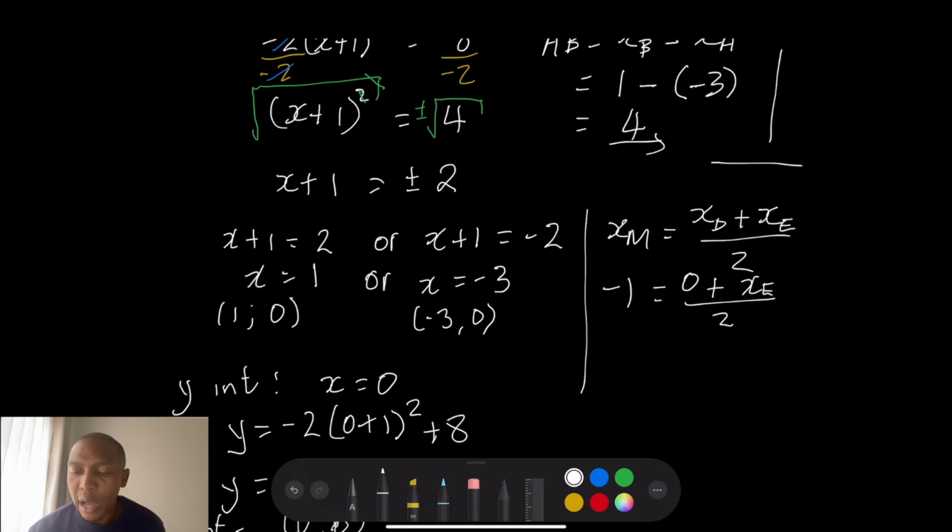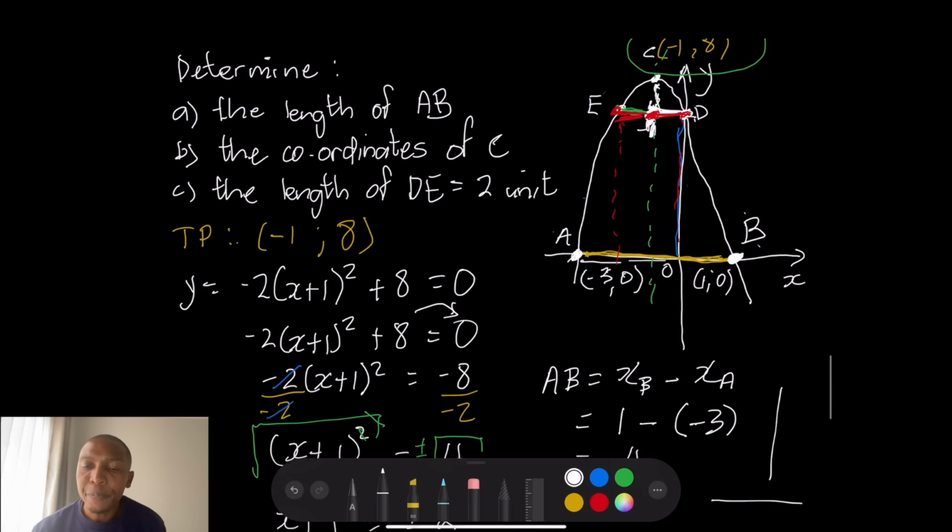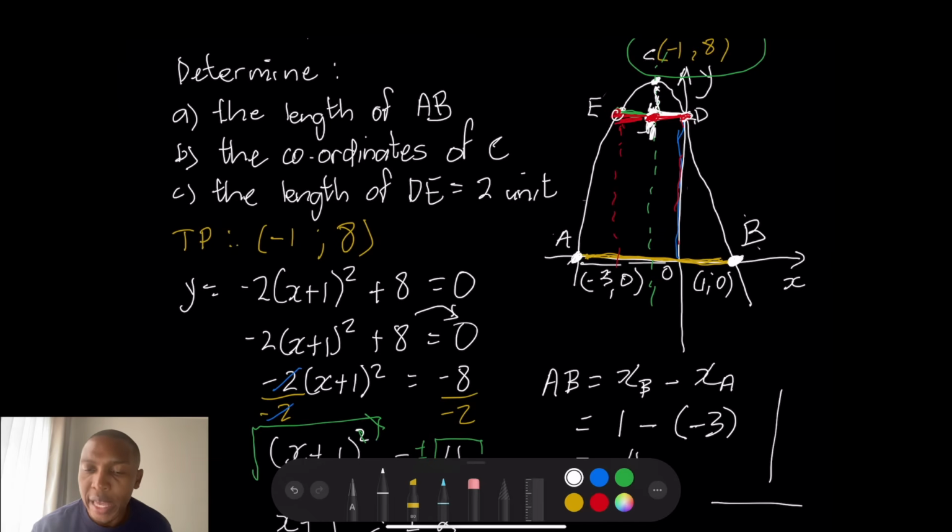So you'll see how now we can just simply cross multiply there. So I would have -2 divided by -1, that would be -2, and 1 times x at E. So that means that the x value at E is actually -2, so the coordinates of E would be -2 and 6. I think we found the value to be 6 at that point there.